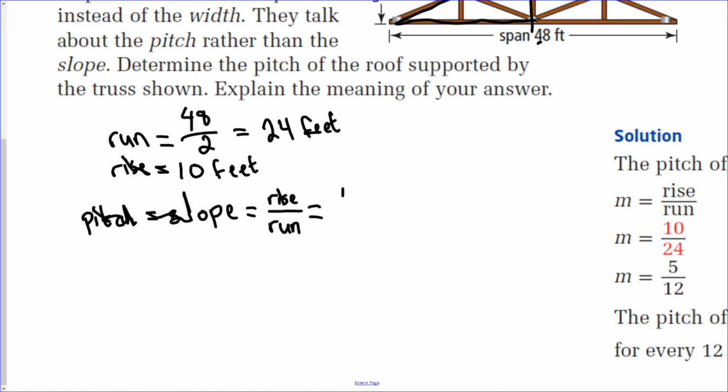My rise is 10 feet. My run is 24 feet, because that's half the span of my truss, which is equal to, well, they say 5 over 12, which I guess is an acceptable answer. Kind of a weird way to put it.